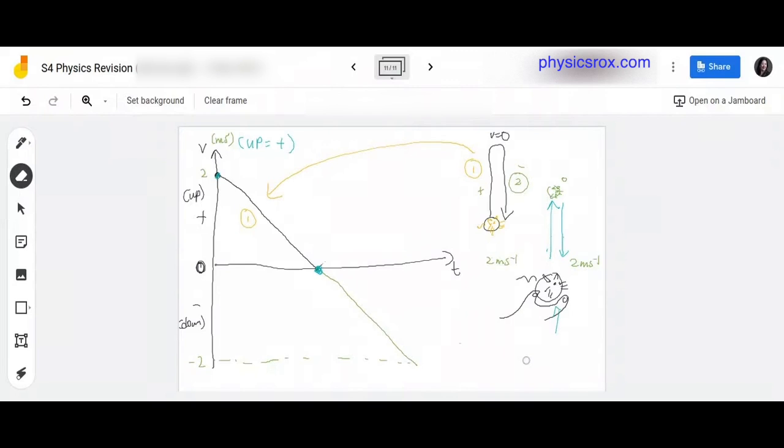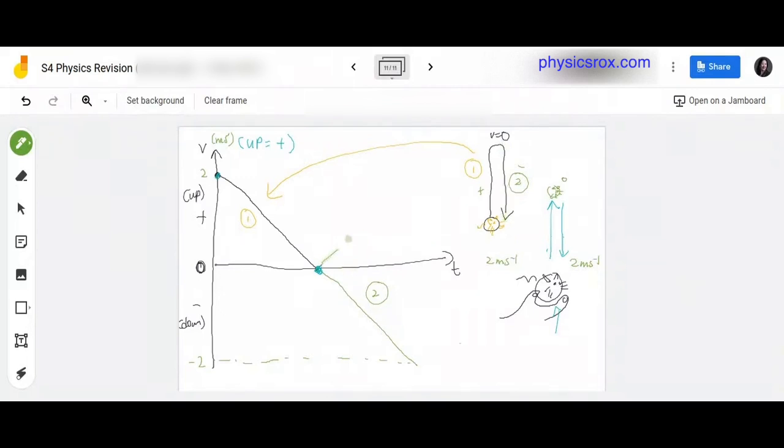To simplify, again, just think of it this way. Positive, negative just means directions. When you throw the object up, it slows down. That's why 2 drops to zero. The second direction is zero increasing to two.